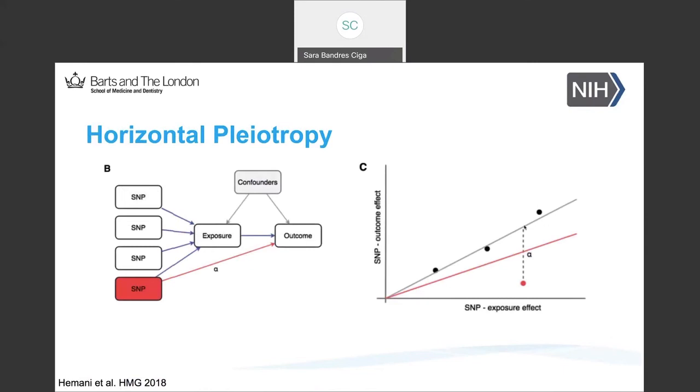They line up nicely, and you've got this line, which is your IVW, inverse variance weighted meta-analysis. And then you've got this 4th SNP, which is associated with exposure and the outcome, but it's got an alternative pathway by which it affects the outcome, the alpha. That SNP's an outlier here. So if that SNP's included in your analysis, then it will pull your line down and underestimate your slope.